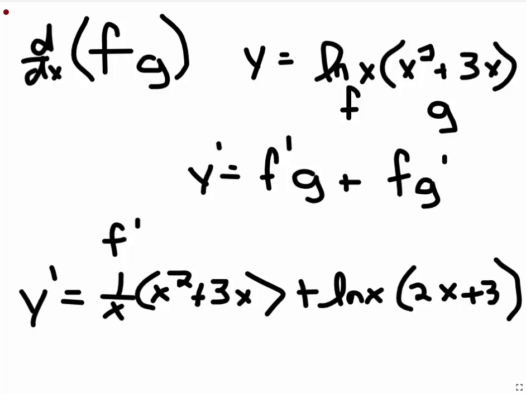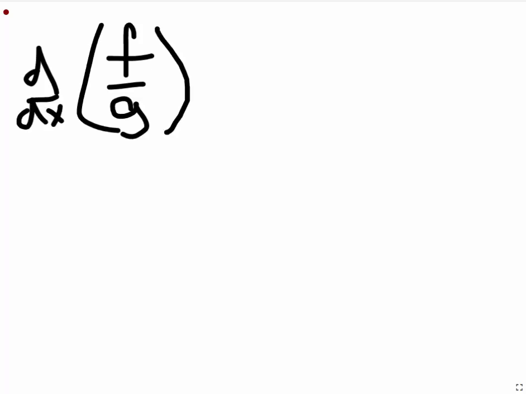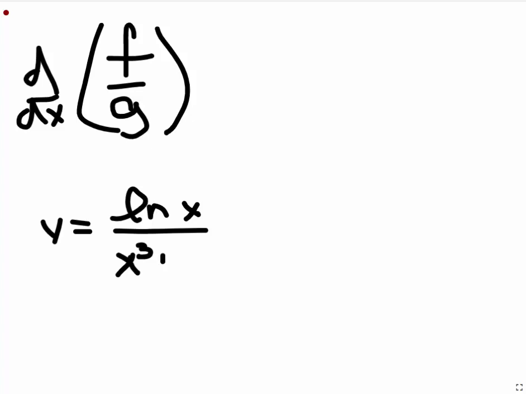The quotient rule is similar to it. That means I have a function divided by another function of x, and I want to find the derivative of that. So now I might have a function, I'll just use the same functions really, natural log of x over x cubed plus 2x.